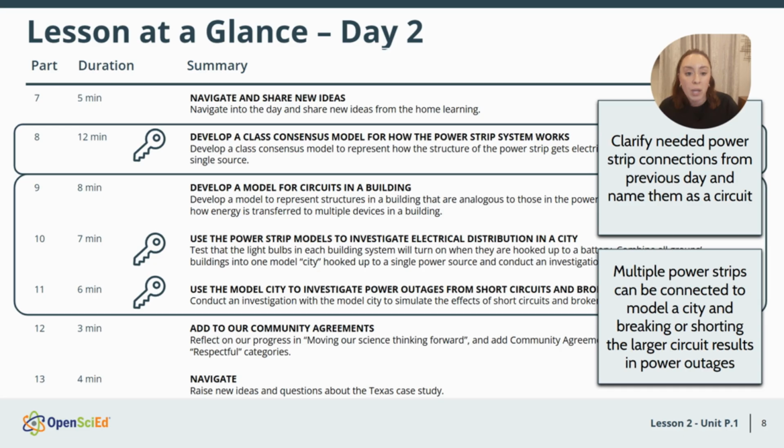So we have one power source, a battery, to power our electrical strip system. And we use our electrical city here to model what breaking or shorting this larger circuit could look like and talk about how this connects to the blackouts that we looked at in the previous lesson.